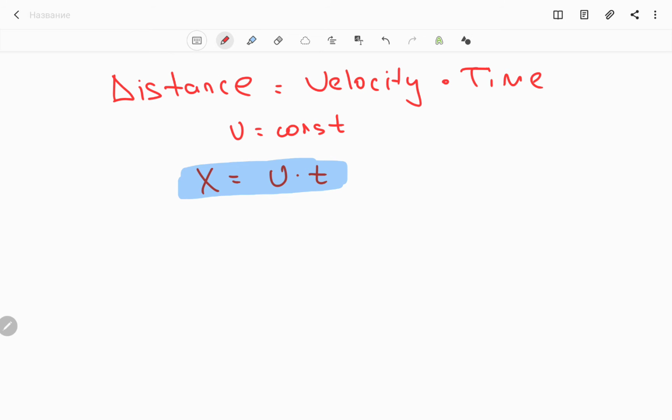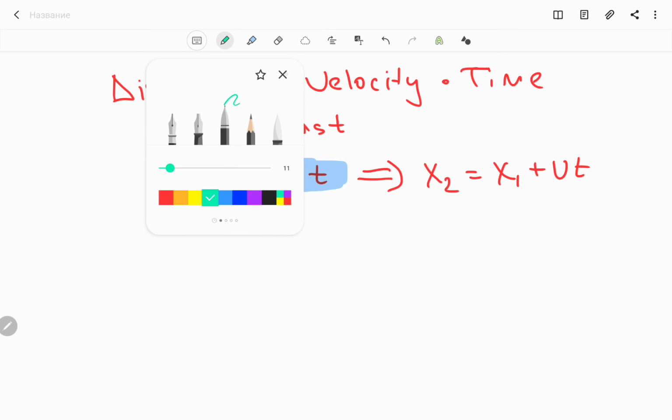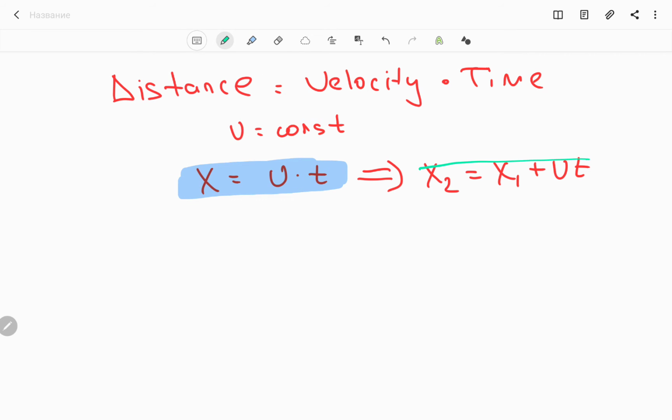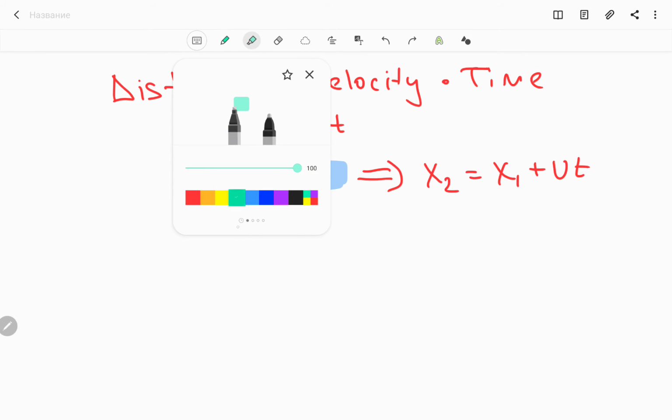So this equation sometimes can be given in terms of position. So for example, x2 equal to x1 plus vt. Sometimes you can see this kind of equation. So this equation is totally the same equation, which we highlighted here.